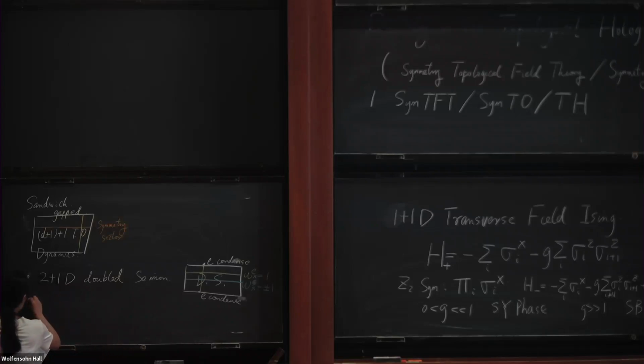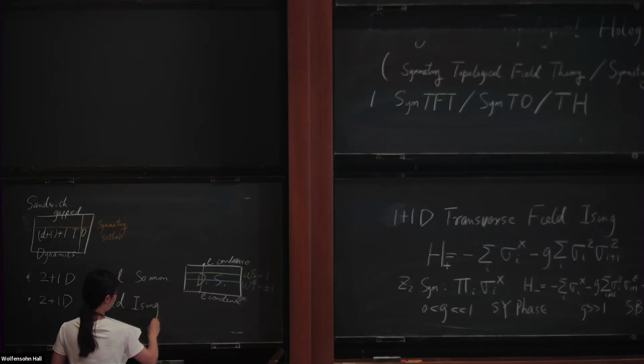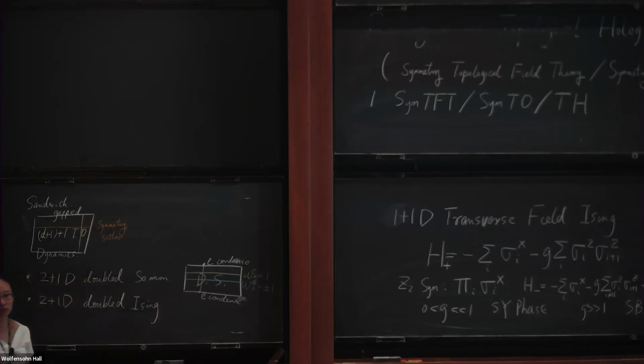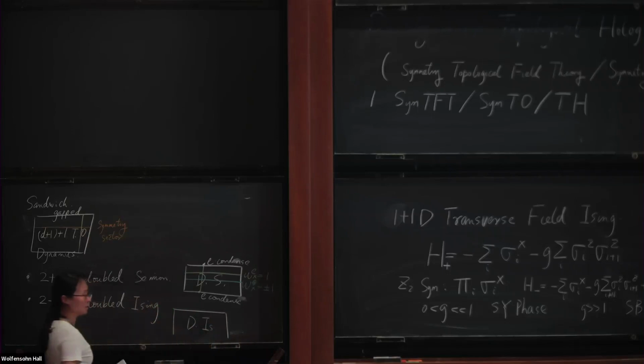And then the second example is the 2 plus 1D doubled Ising. This is a non-abelian topological order where in the bulk we have some sigma particle and we have some psi particle. Okay. And we choose the doubled Ising so that, again, there can be a gapped boundary at the top.